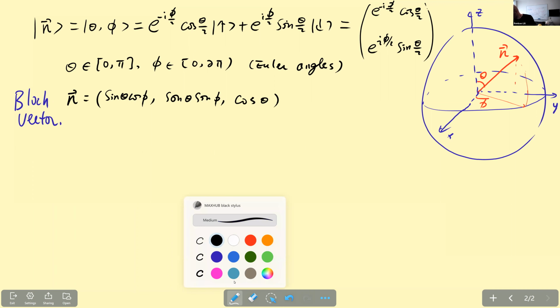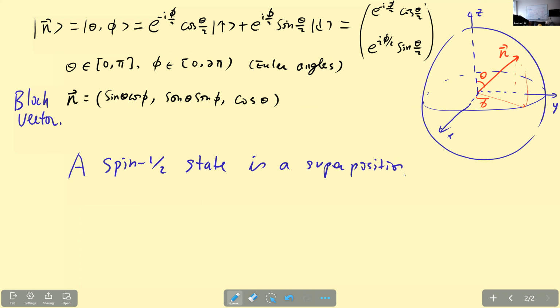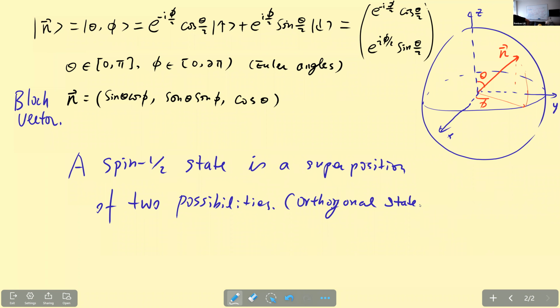So basically, a spin half, we call this a spin half state, is a superposition of two possibilities, or two orthogonal states.